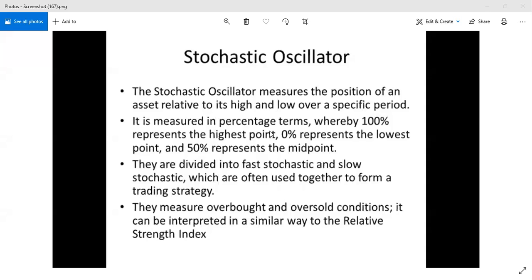When the oscillator is near 100, the price is at the highest point of the last 10 days or specific period. When it is nearest to 0, the price is at the lowest level of that period.